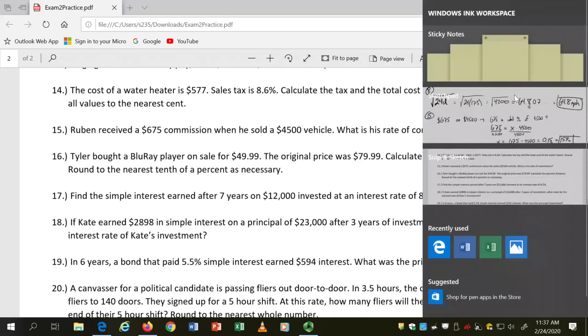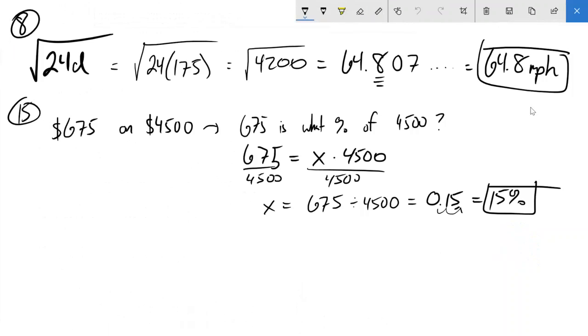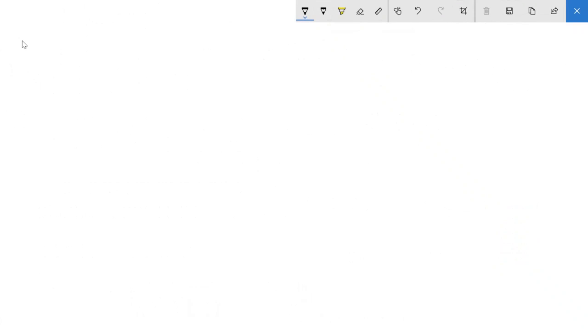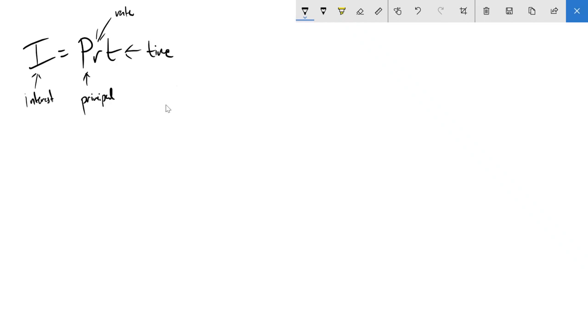The formula is I equals P R T. If you want to figure out the interest, P is your principal, R is your rate as a percentage, and T is how long you're investing. That's the formula you'll use.